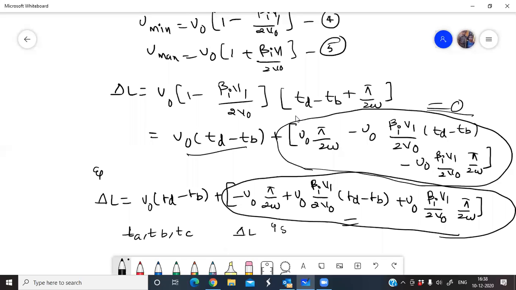Similarly, this is also equal to 0. So when you go for this equation, the condition is V naught pi by 2 omega minus V naught beta I V1 by 2 V naught, this whole thing equal to 0. And coming to this equation, this whole thing equal to 0. These are the two conditions.